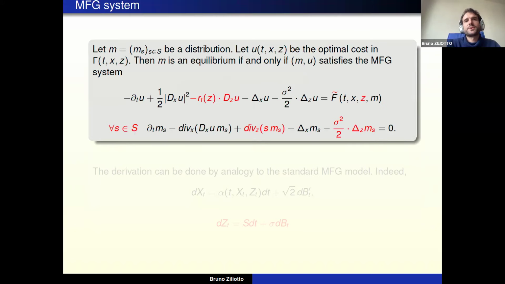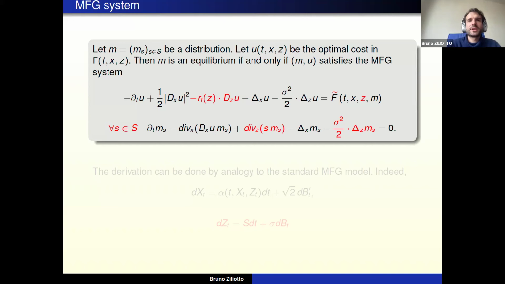And to make it clearer, I put in red the new terms in the MFG system. So given M a distribution, M will be an equilibrium if it satisfies the coupled PDE system, where the novelty is that now F is F tilde, the expected cost.